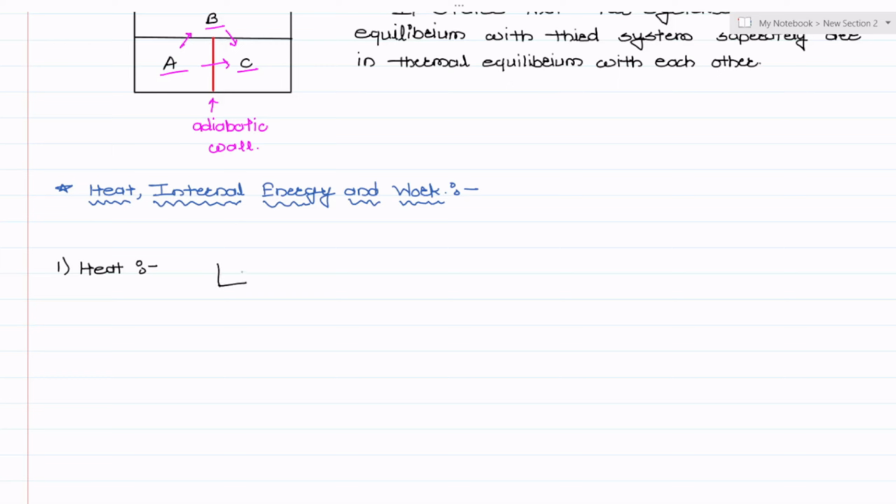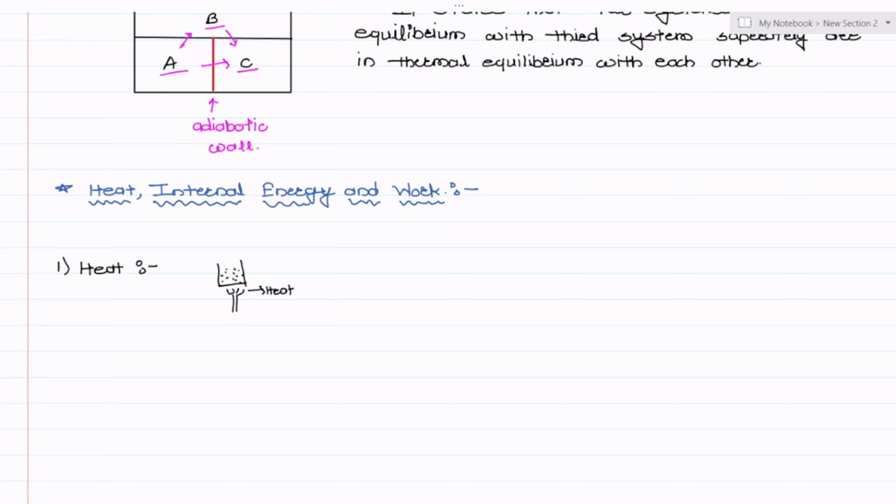Let's suppose this is the beaker, and we give heat to this beaker. Now after some time, the water in the beaker will start to boil.